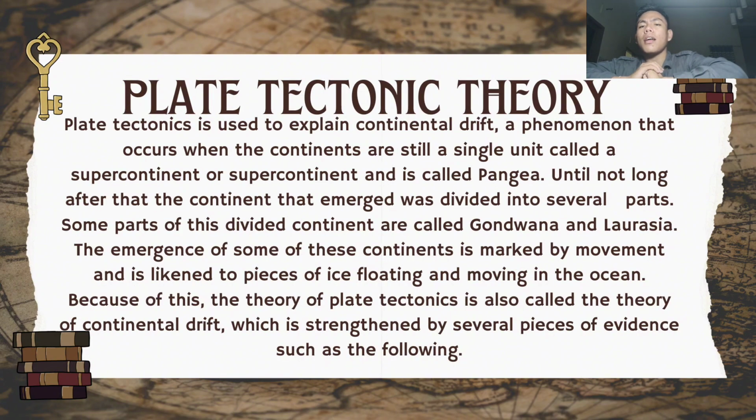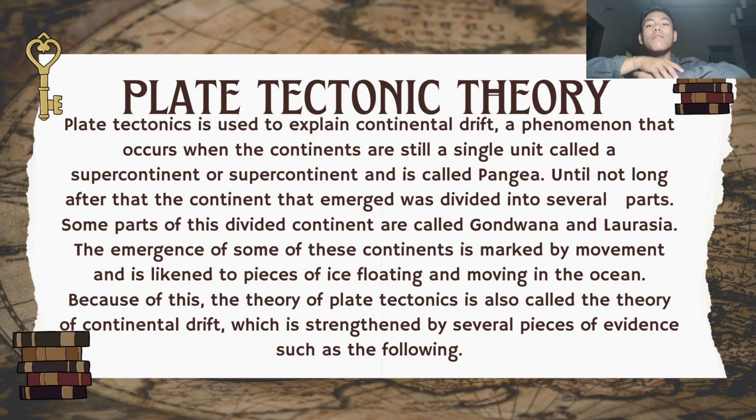Okay, next is plate tectonic theory. Plate tectonics is used to explain continental drift, a phenomenon that occurs when the continents were still a single unit called a supercontinent, and it's called Pangea. Not long after that, the continent was divided into several parts.